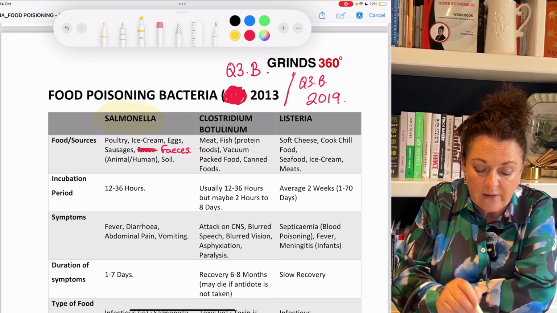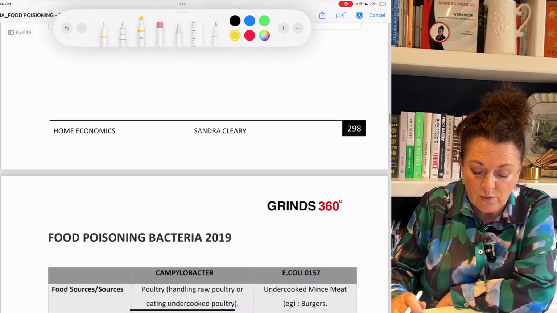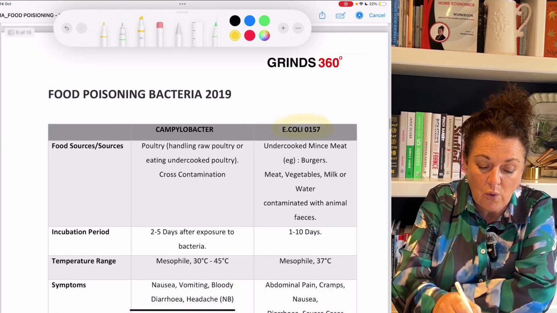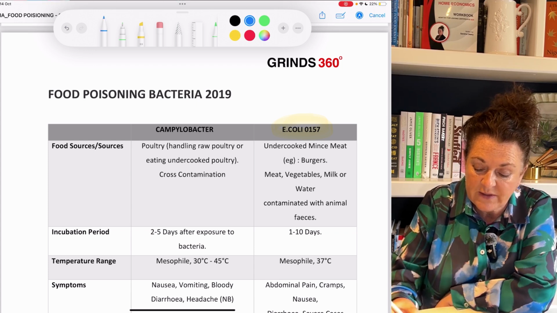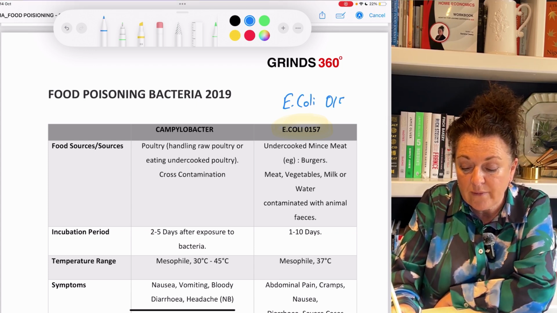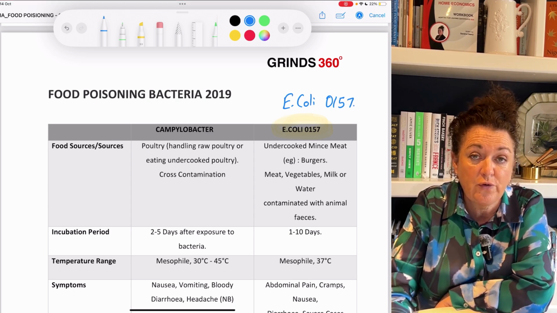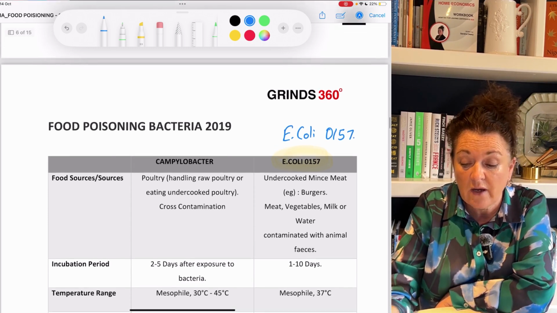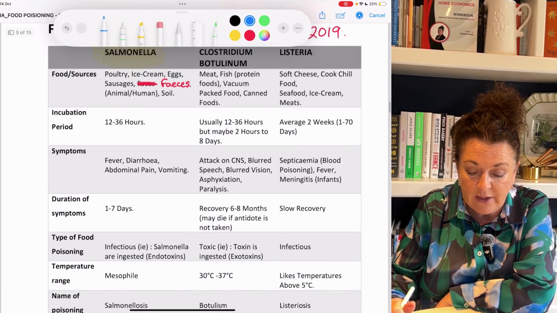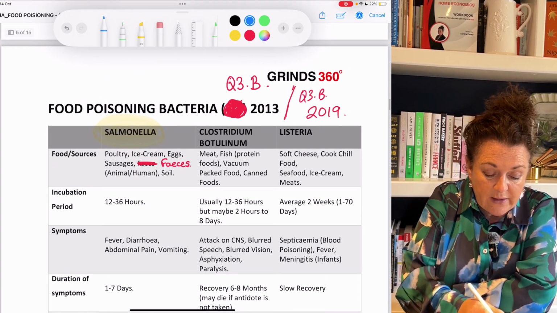So Salmonella, and the second one we're going to look at is E. coli 0157. I would prefer that you learnt the 2 food poisoning bacteria in detail from the sample answers rather than the chapter here. So our other one then is Salmonella.